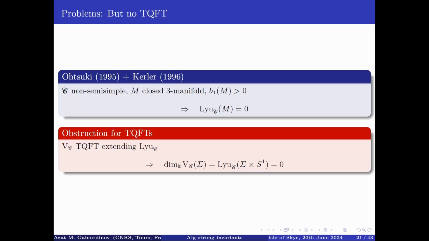This is a particular property, but it is also an obstruction to defining TQFTs, because you can't construct a TQFT that would extend this Lyubashenko invariant. Why? Because if you have a TQFT, then the dimension of the TQFT space for a surface should be the invariant of the surface times S1, since we take a cylinder and trace it. But because the first Betti number is non-zero, the invariant is zero. So the TQFT would have just zero-dimensional vector spaces.